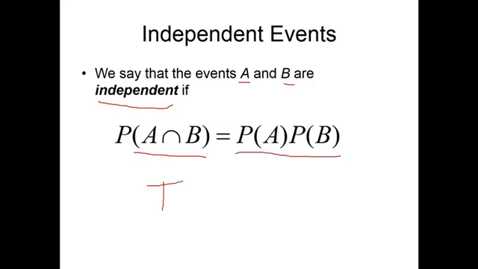If your events pass this test, then they are independent events. But this is not always true, and I'm making a big deal about it because it's going to suck some of you in if you are not careful. Just mark this down.